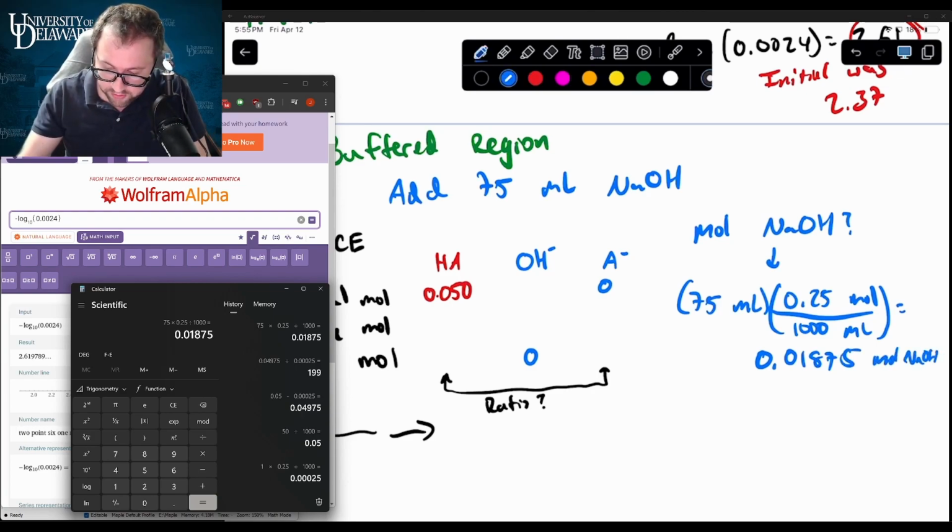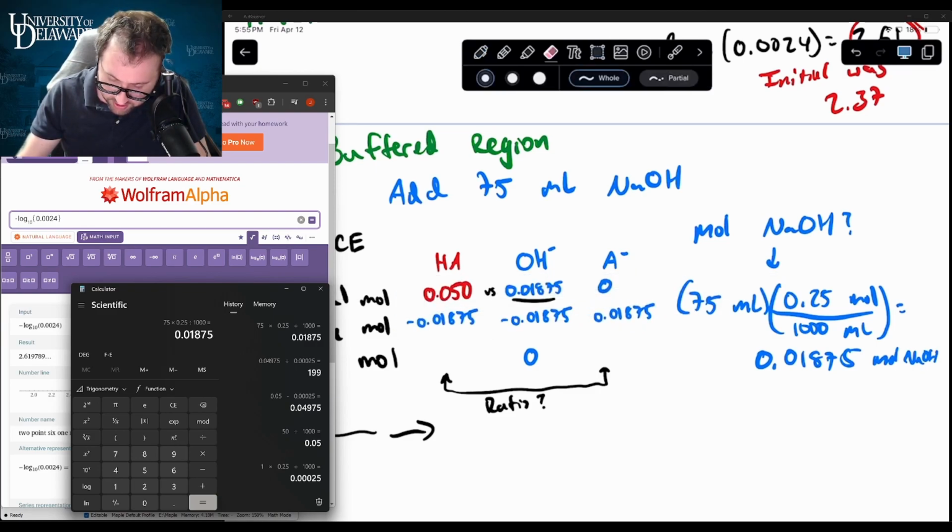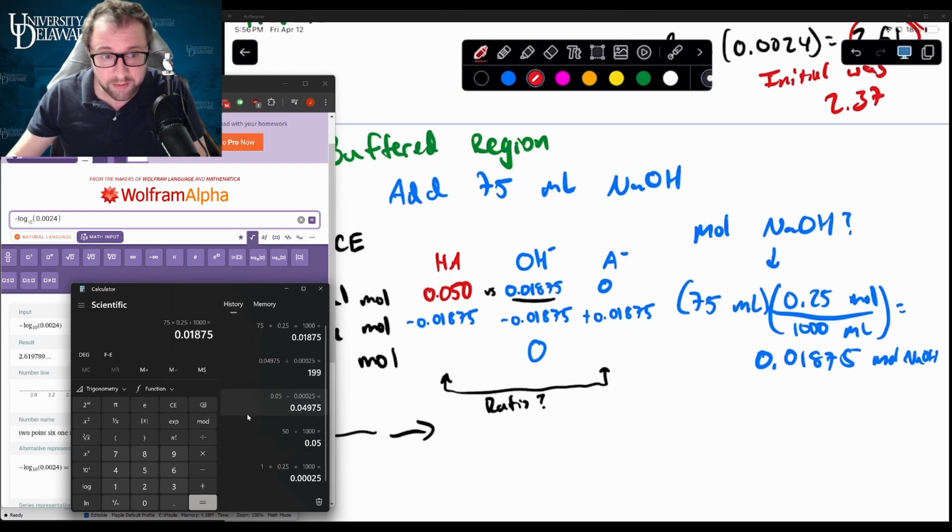We don't need that many sig figs, but my heart of hearts does not feel good rounding until we get to the very end. Again, we compare these two. This one's lower, so we're going to lose that amount from both sides, and gain that amount over here. So we're still going to end with 0 moles of OH minus, but now we're going to have appreciable amounts of other stuff left over. So 0.05 minus 0.01875.